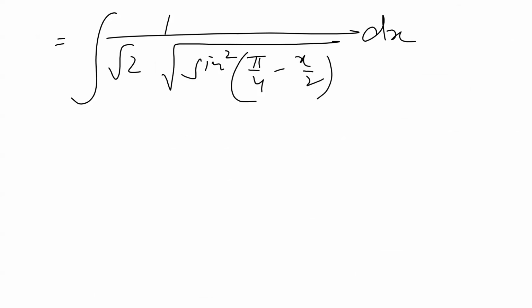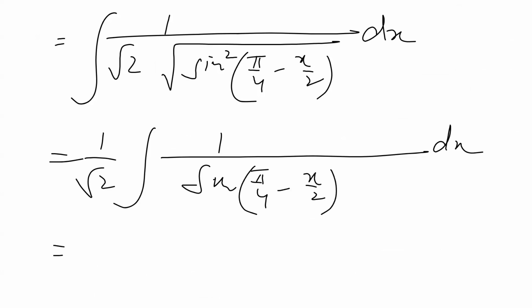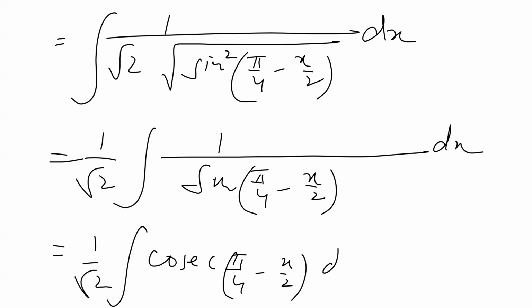Alpha we just took for our simplicity. So 1 by root 2, 1 upon sine pi by 4 minus x by 2, which is 1 by root 2 cosec pi by 4 minus x by 2. Now integration of cosec is log mod cosec x minus cot x.